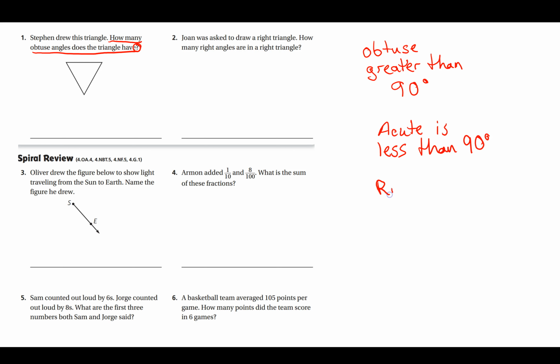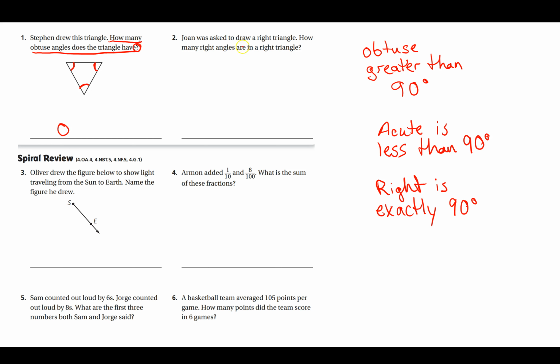And a right angle is exactly 90. Okay, so how many obtuse angles? How many angles that are bigger than 90? Well, this isn't even 90, it's less, so that's not obtuse. This one isn't even 90, it's less than 90, so that's not obtuse. And this one isn't even 90, it's less, so 0.